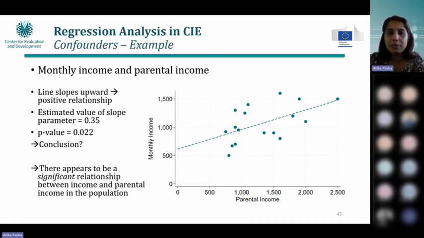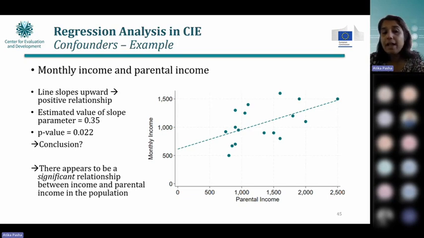The line slopes upwards. Let's say that for each unit increase in parental income, your monthly income increases by 0.35, so about a third. So a unit increase in your parents' income leads to a third of a unit increase in your own income.